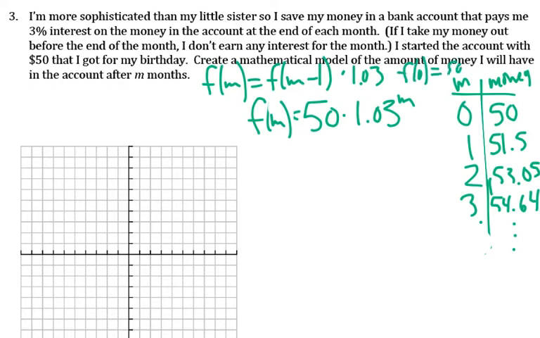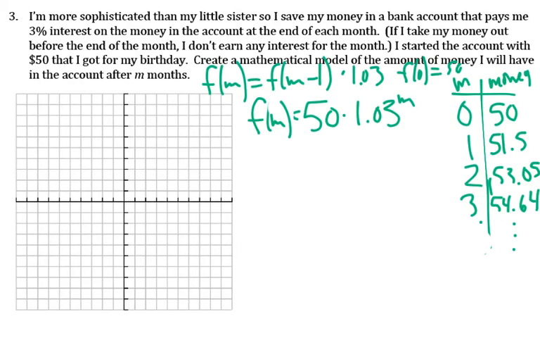Now if I graphed that, okay, this graph isn't very good, is it? So I'm going to kind of slightly adjust it. We're going to call this our x-axis. So let's see. We started out at 50, so let's count by 50s. 50, 100, 150, 200, so on.